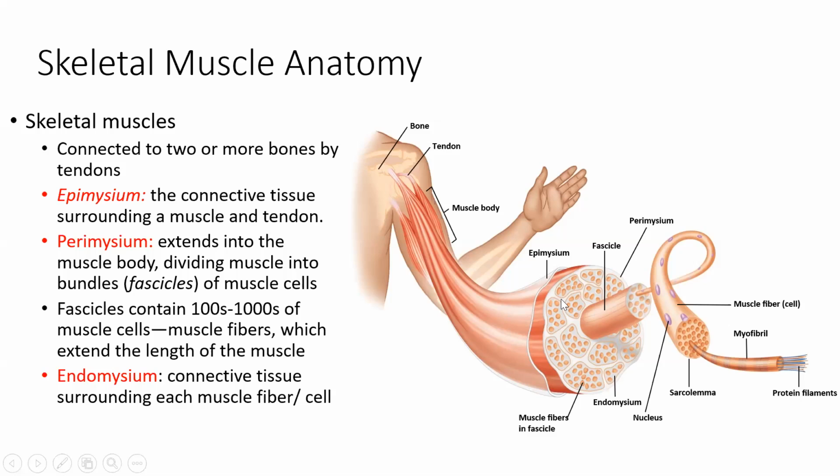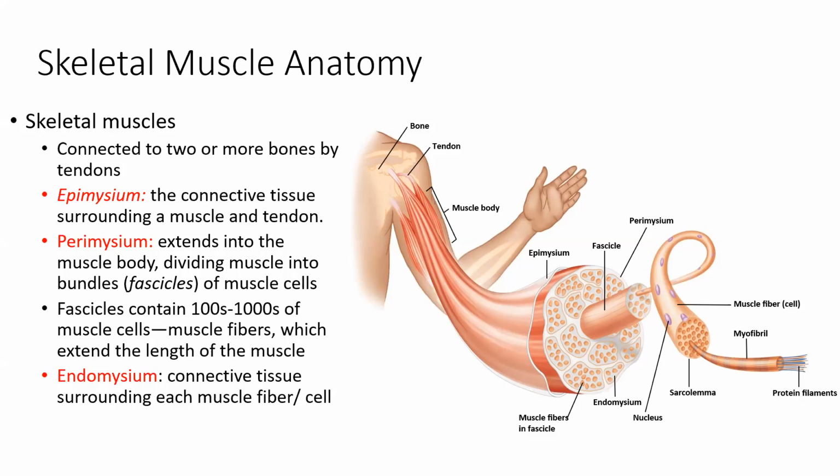If we were to look inside the epimysium, we would see several different repeating units, which we call muscle fascicles. And they are covered by the perimysium. So the perimysium extends within the muscle body, and it's going to divide the muscle into several different bundles, which we call fascicles. Now, they're about 100 to 1,000, anywhere in between that range.